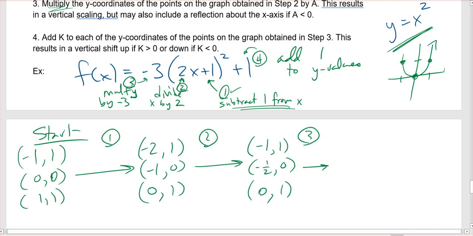So this is going to have a reflection rolled up into it, and we don't even have to do any extra work, right? So we're going to multiply all the y coordinates by -3. So we got -1, -3. We've got -1/2. -3 times 0 is still 0, right? And we got 0, 1 times -3 is -3.